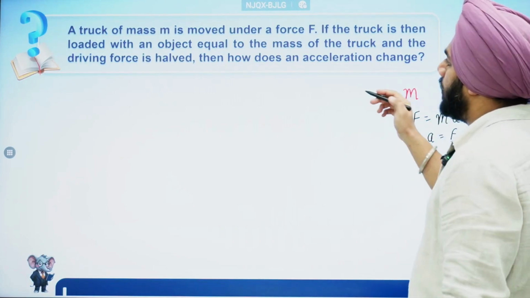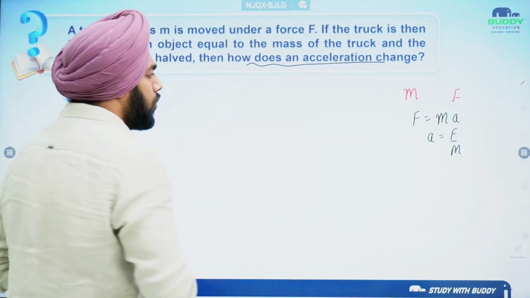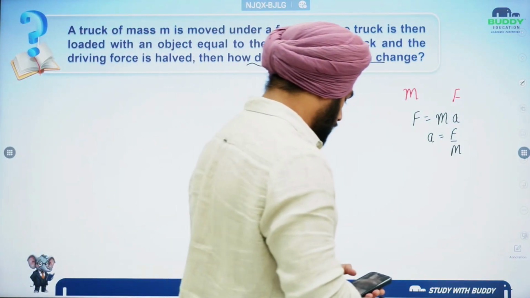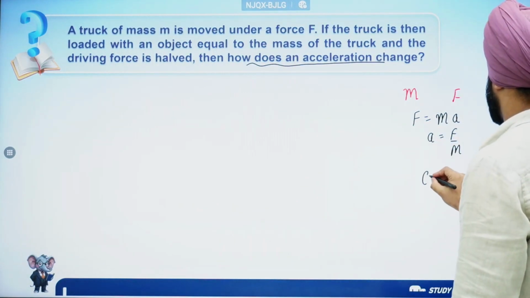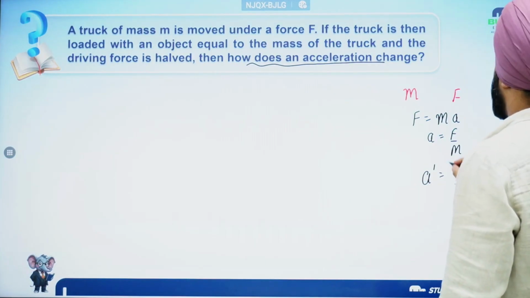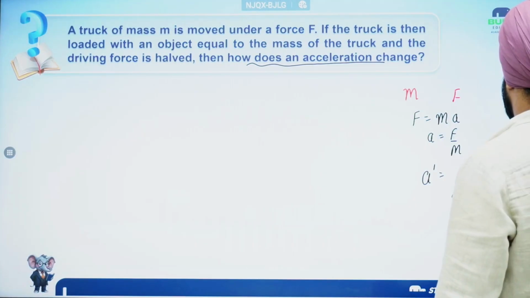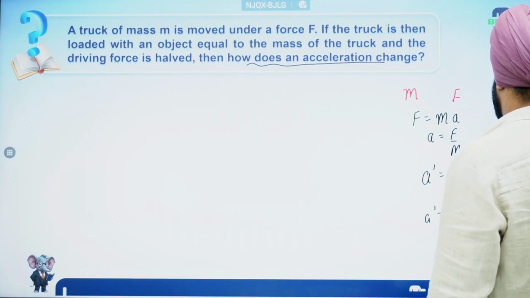Now I want to check how much acceleration will change. Force is becoming half, so it is becoming F by 2, right? So new acceleration a dash is basically F by 2, and mass is also doubled, so it will become 2 into m, that is 2m. So F by 4m, right?